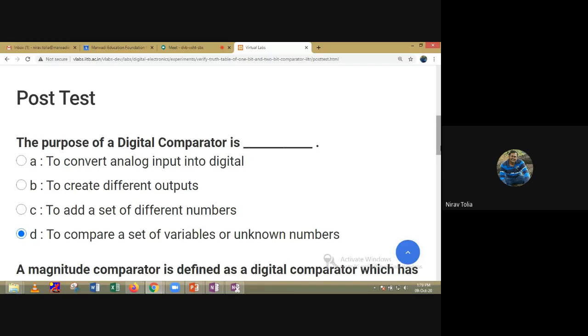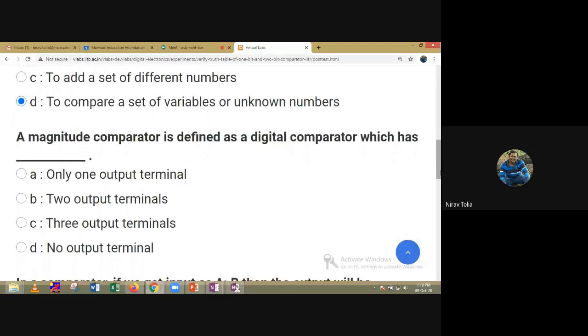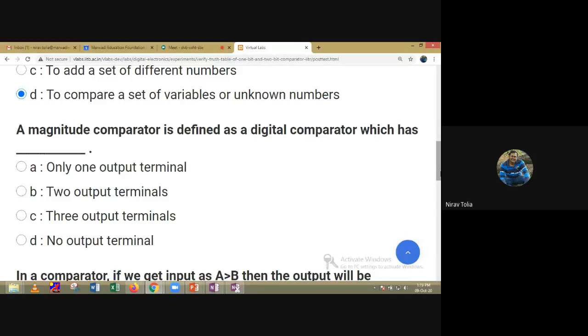Okay, so our next question. A magnitude comparator is defined as a digital comparator which has how many outputs? One output, two outputs, three outputs, or no output terminal. So how many outputs does a comparator have? Only one output terminal, two output terminals, three output terminals, or no output terminal.